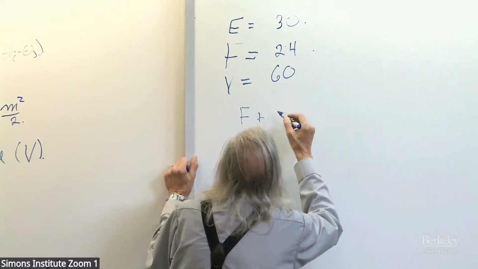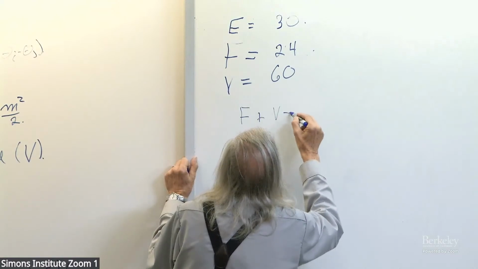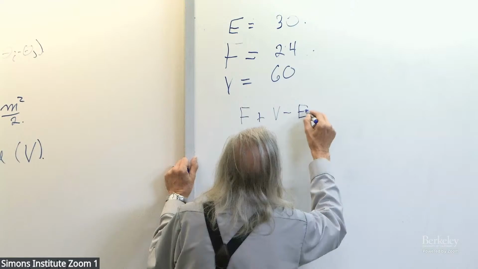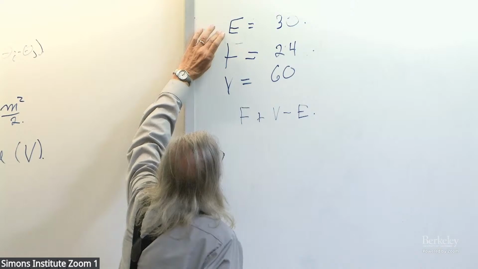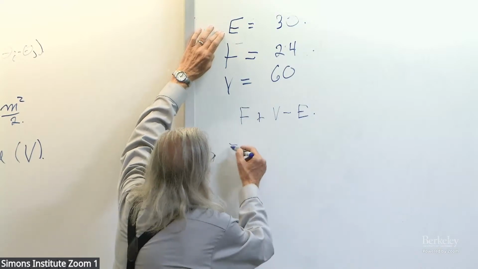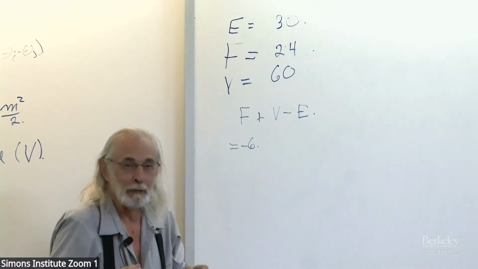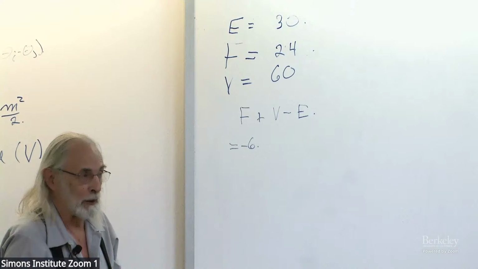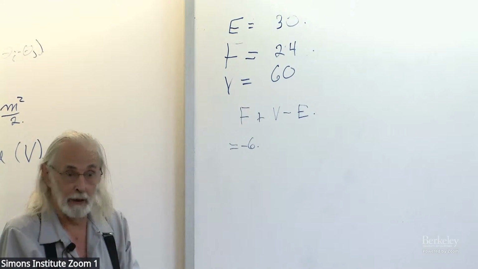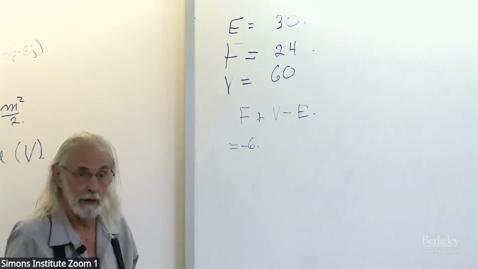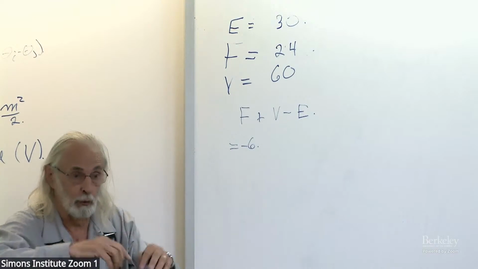All right, so that's minus 6. That's the Euler characteristic. So it says you've got a two-dimensional manifold with Euler characteristic minus 6. It's a four-handled sphere or four-holed torus.